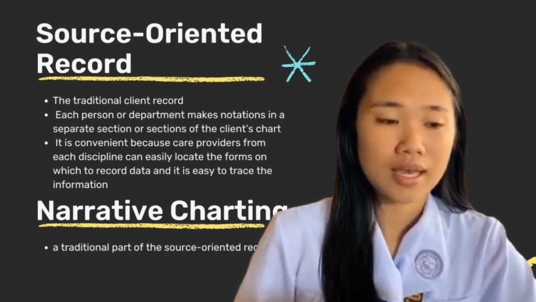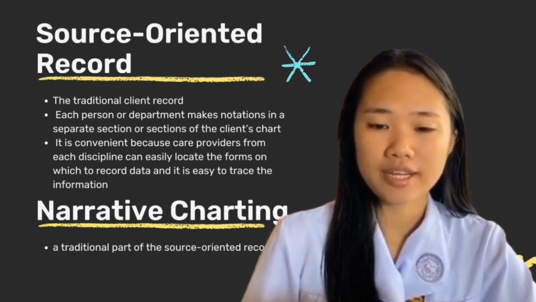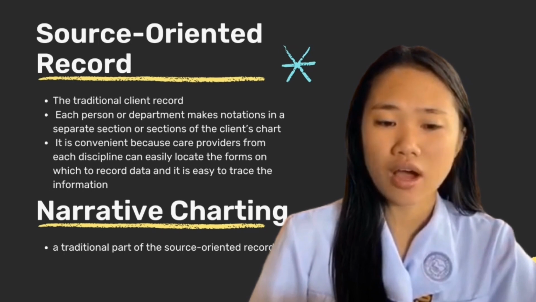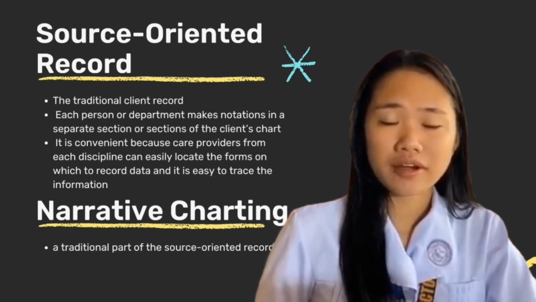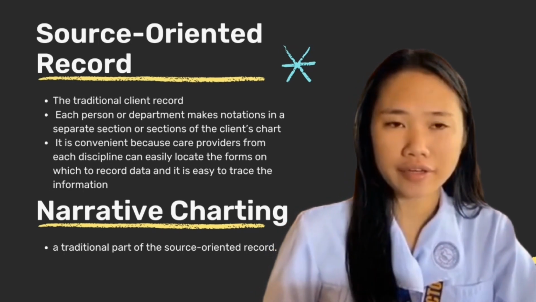Example: the admissions department has an admission sheet. The physician has a physician's order sheet, a physician's history sheet, and progress notes. Number 3, narrative charting is a traditional part of a source-oriented record.